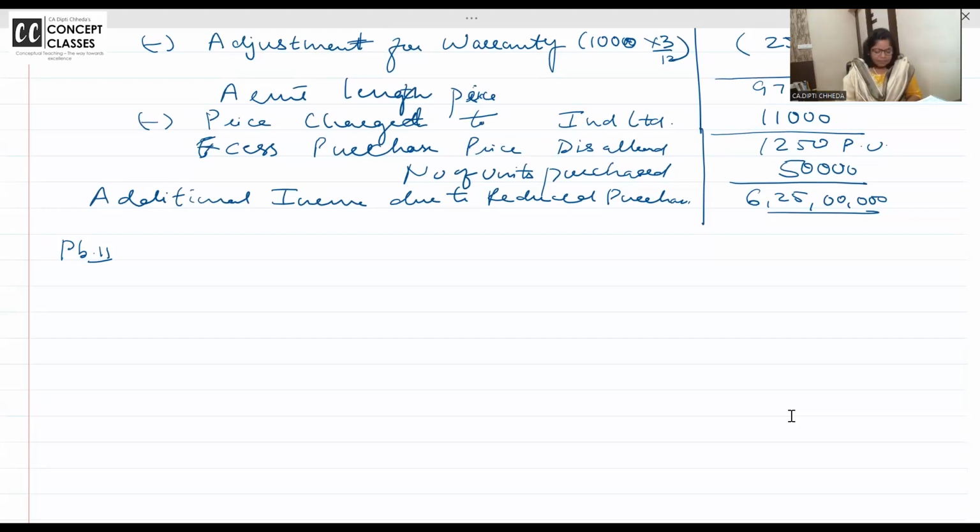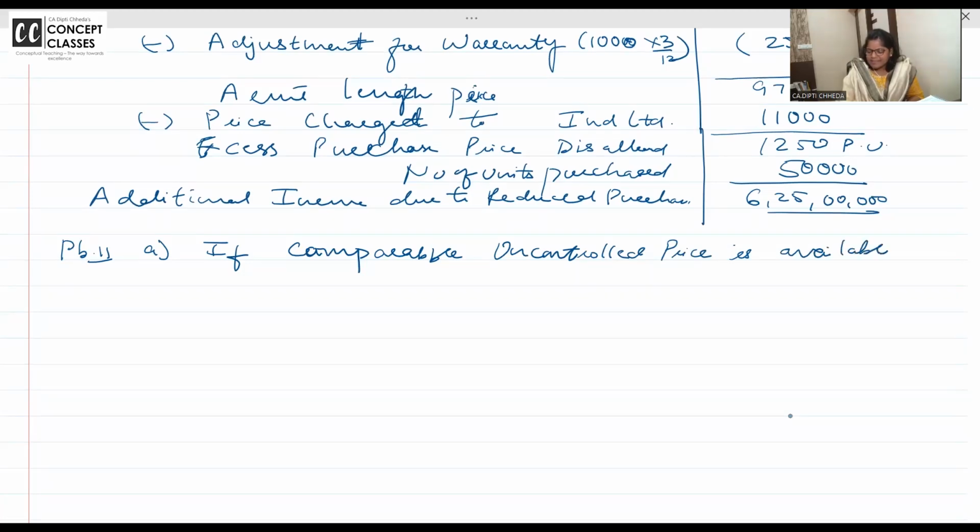11th problem. First bit. If, write down, I am dictating. If comparable uncontrolled price is available, they are selling to me, fine, and they are selling to others also, is available.